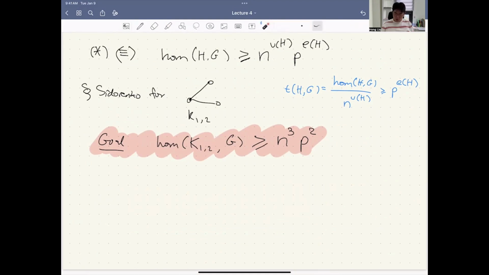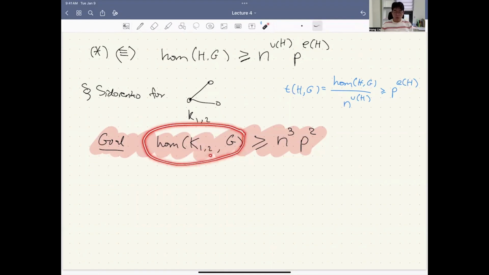First of all, this is basically the cardinality of the set of all homomorphisms of K_{1,2} to G. We know how to associate the cardinality of a set to the entropy of a random variable. If you uniformly randomly sample something from the set of all homomorphisms, the entropy is just the log of that thing.